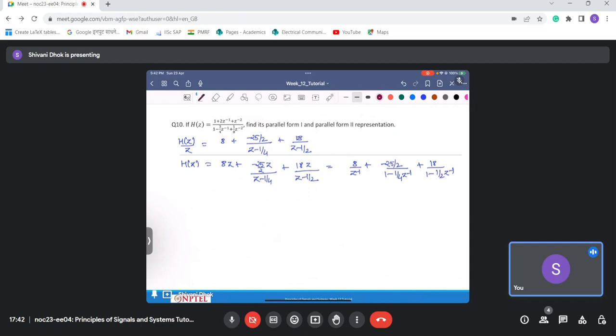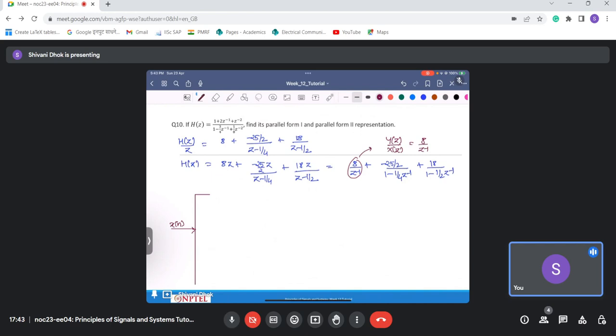So now what we have here is this is x(n). Now this x(n) gets scaled by a factor of 8, but let's draw this one first. Just consider this. So what we have is Y(z) upon X(z) is equal to 8 by z inverse.